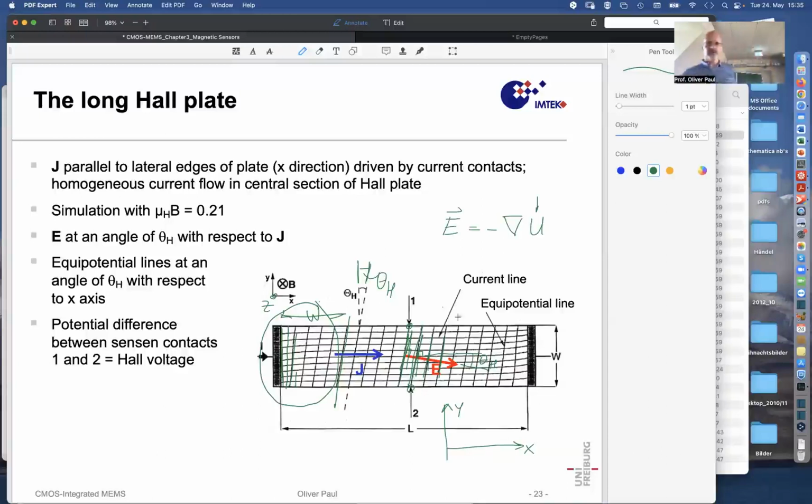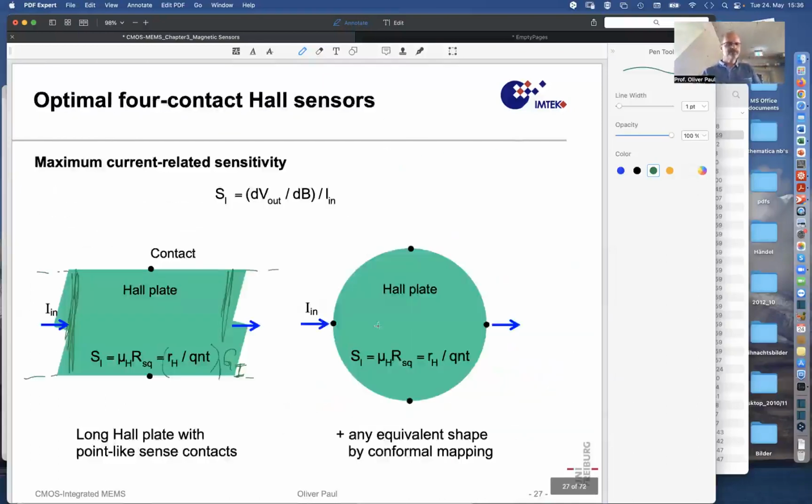The same on the other side as well. And so if this long plate is longer than 2, 3, 4 widths, then in the section where we make the measurement, it looks like a very long plate. But if it gets shorter, this is not the case. And so the sensitivity goes down, GI smaller than 1.